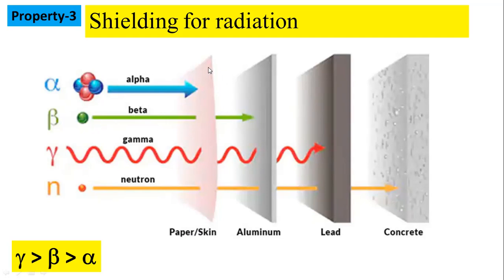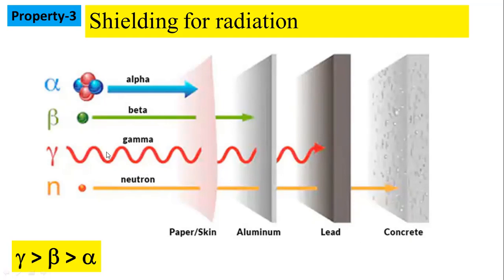But this paper or skin is going to allow the beta or the gamma radiation or even the neutron through, and you may have aluminum foil, which is going to stop the beta, but it's going to allow the gamma radiation. And then you have the lead, which is going to stop the gamma radiation, but it may allow the neutrons because these are fast energy neutrons as compared to the gamma radiations, and they can be stopped by the heavy wall of concrete.